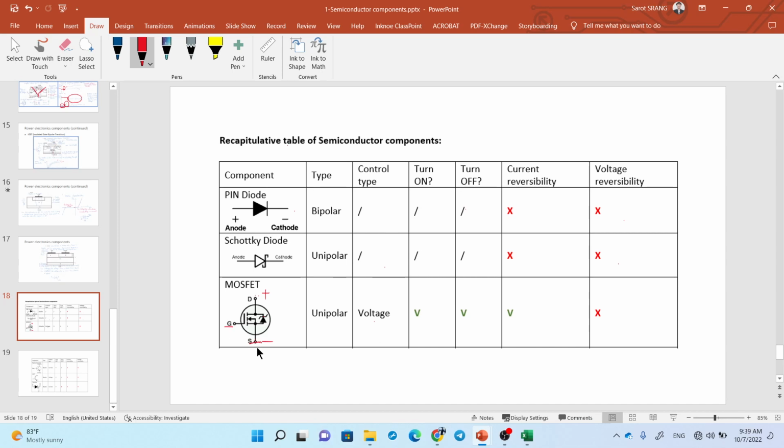Okay, let's say this one is connected to ground, which is zero voltage, zero potential, and here you connect to like 5 volts. Then you can turn it on, but maybe 5 volts cannot completely turn it on. Maybe you need up to 6 volts, 12 volts, right?